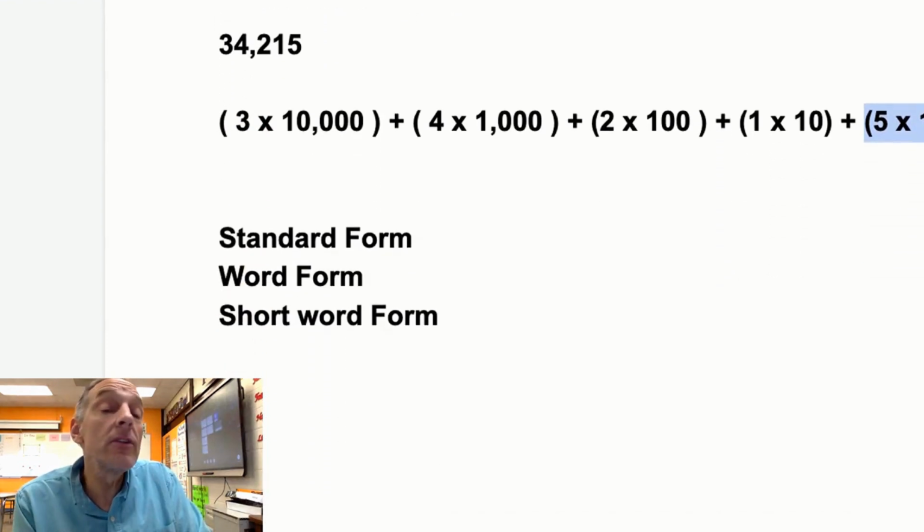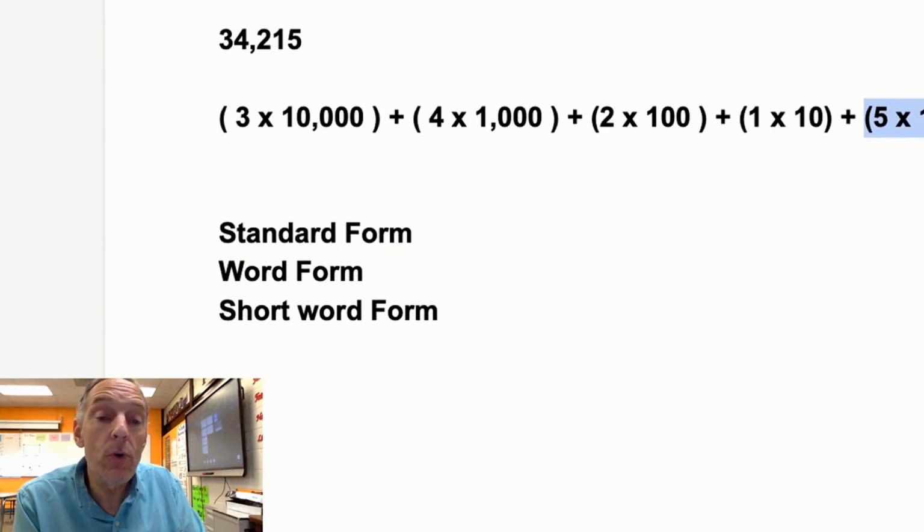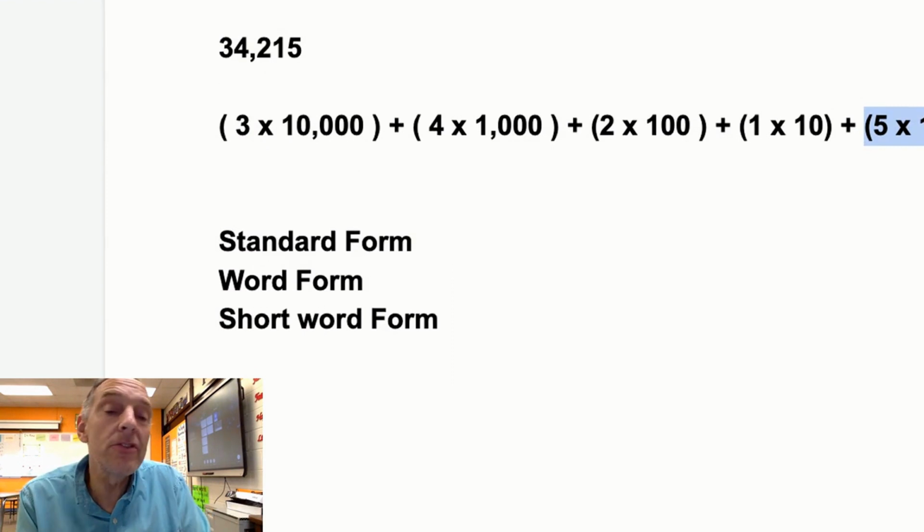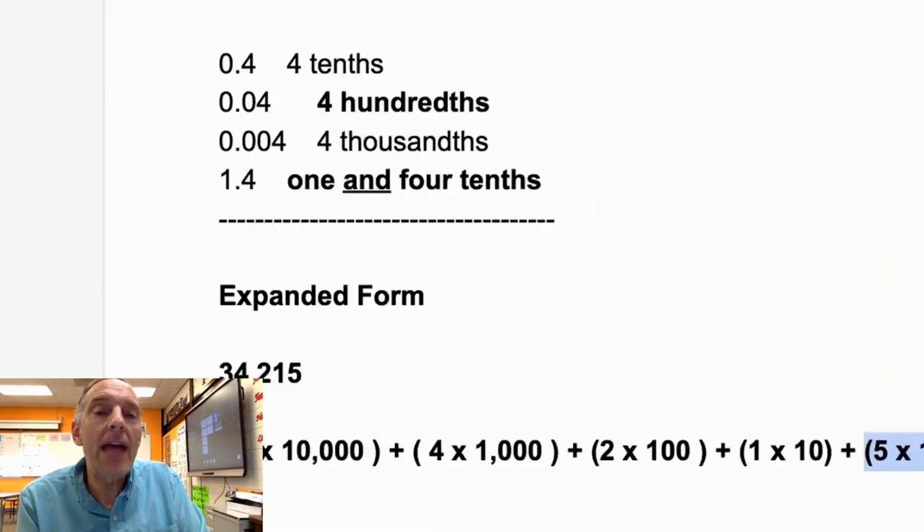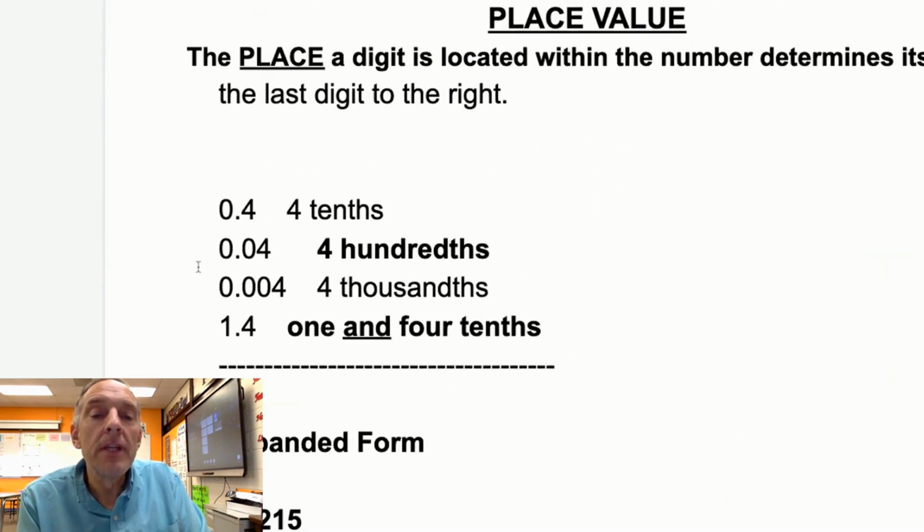Now there's 3 different ways in which we can write numbers. There's the standard form, there's the word form, and then there's the short word form. And we actually looked at them up here. So the standard form is any number like this, 0.04, 1.4. However you write the number itself, that's going to be your standard form. Short word form is when you use the number and the word.